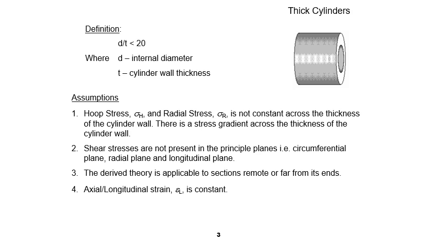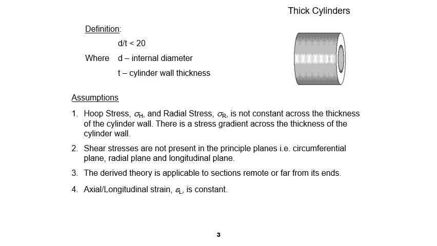For thin cylinder, we have d over t greater than 20. So for thick cylinder, d over t is less than 20, and d in this case is still the internal diameter. For a thick cylinder, the thickness is very significant.